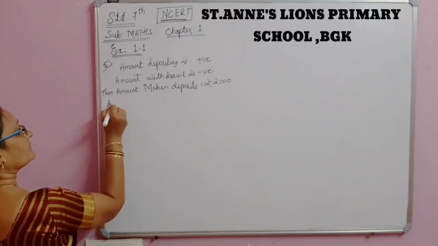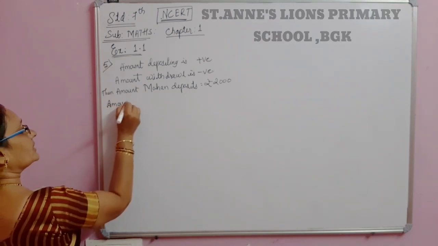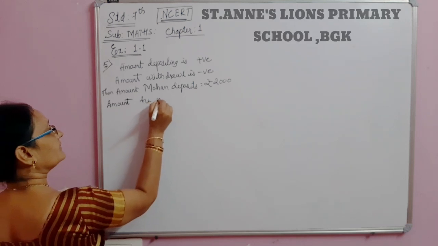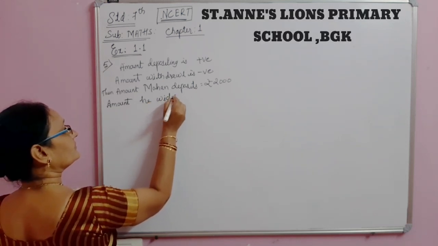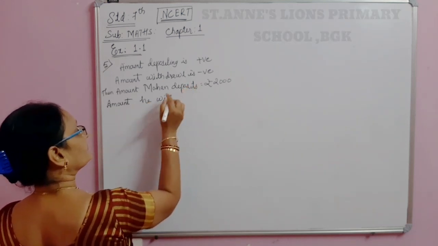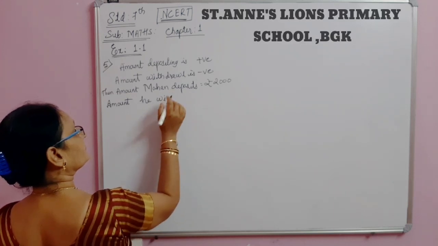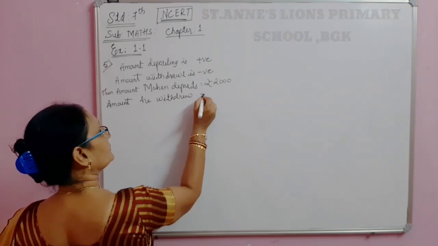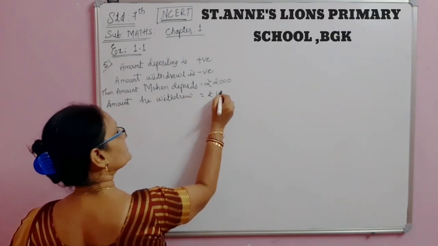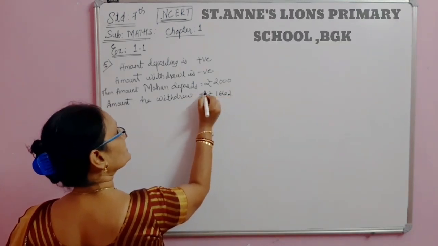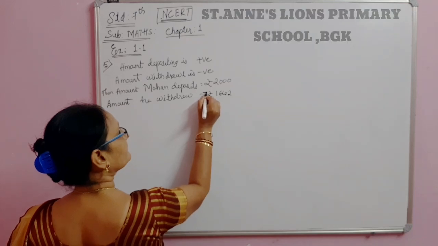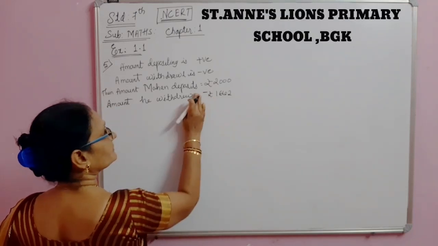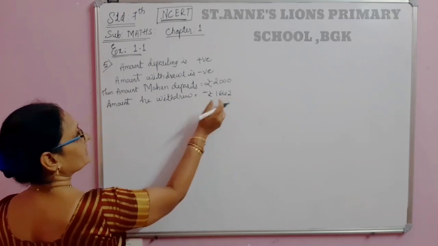Then the amount he withdrew is rupees 1642. This is minus, okay, because it is amount withdrawal.